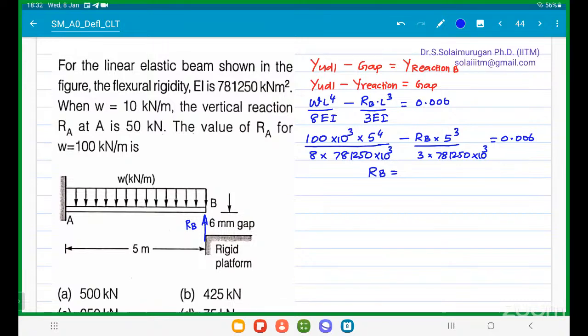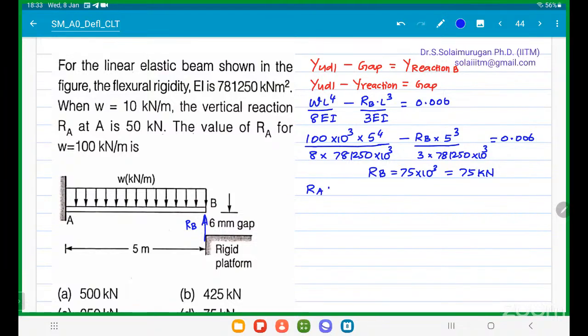Come on, quick. Very good, 75 into 10 power 3, equal to 75 kilonewton. So what is the total load?